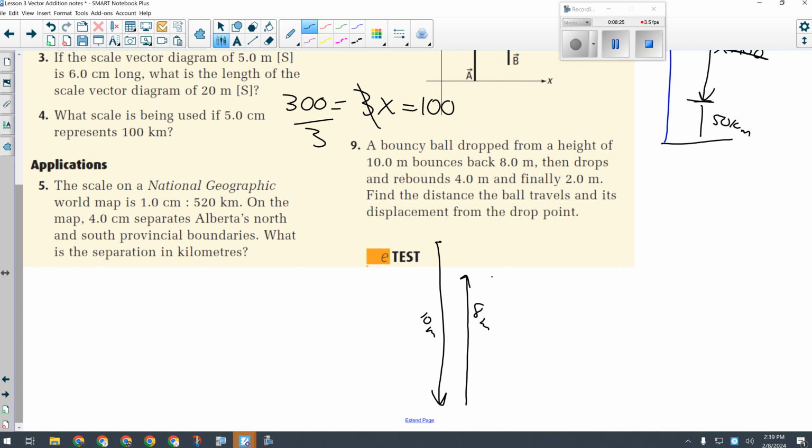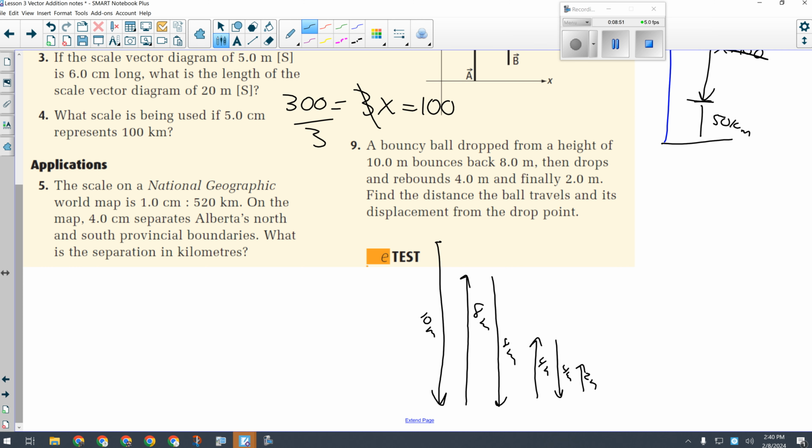Then it falls back down to the floor, that's another 8, and then it rebounds 4. And then it falls back down, another 4, and then rebounds 2. And for whatever reason, that's where the question ends. I don't know why it doesn't keep going, but I guess they had to pick an end point.